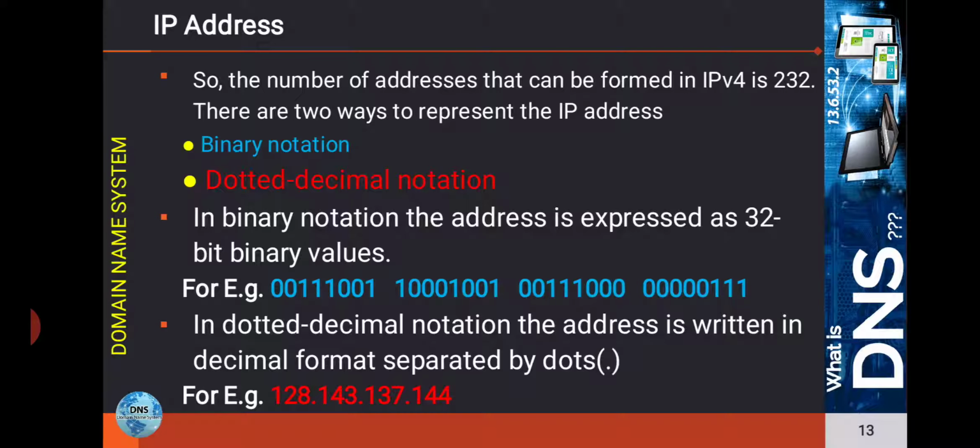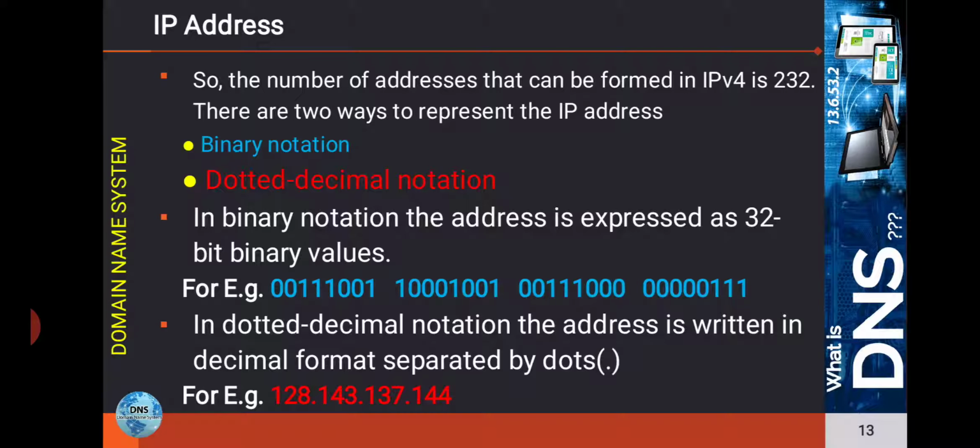We can represent an IP address in two ways: one is the binary notation, and the next one is the dotted decimal notation. Binary notation means the 32-bit binary values.